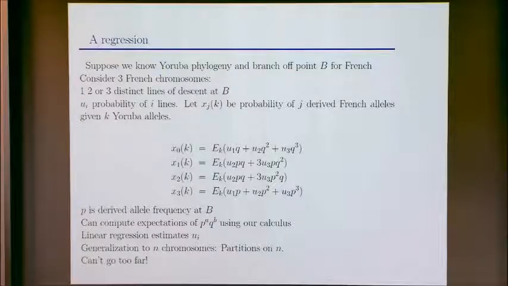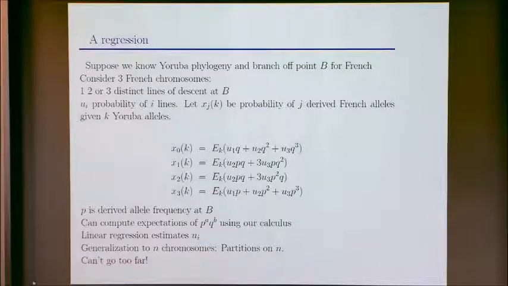All right. So let's suppose I'm just going to consider 3 French chromosomes, okay, and a whole bunch of Yoruba. Well, when you think about that, when you go to coalescent, you've got 1, 2, or 3 distinct lines of descent at the branch-off point, okay? And there's some probability for that, which I'll call U, right?